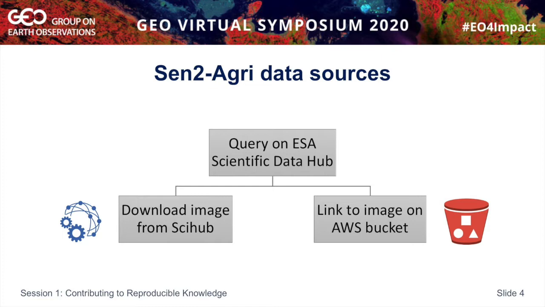Either you can download images from the site, or link to images on an AWS bucket. The AWS bucket is a big storage with all the Sentinel-2 images available. So those are two options. If you are working locally, you have to download images from the SciHub. If you are working in the cloud, you can link to a bucket.